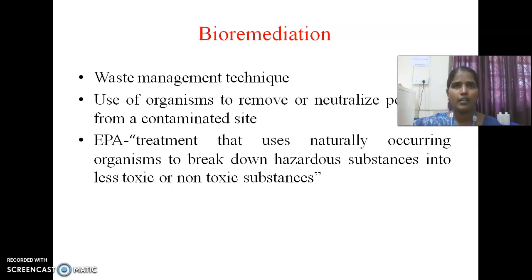So in this technology, we can reduce the toxic substances, or convert the toxic substances into non-toxic substances.